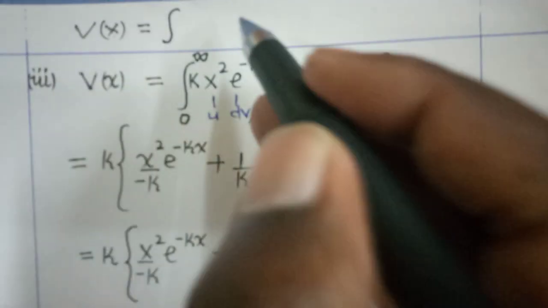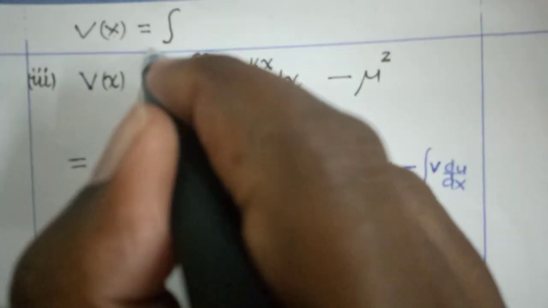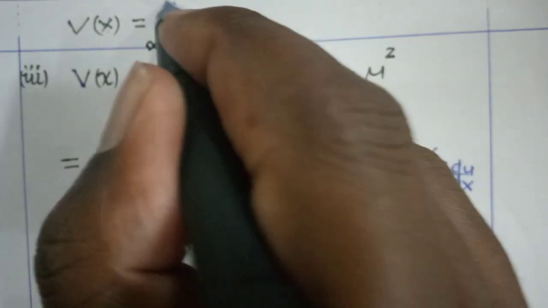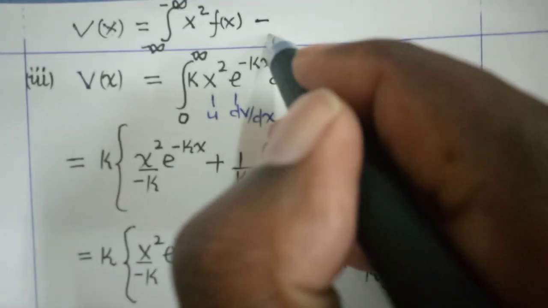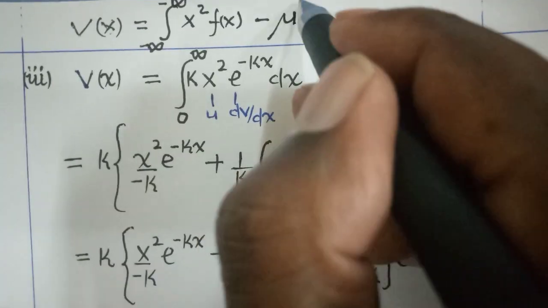This is equal to, for the general one, you have the integral from negative infinity to infinity, then you have x squared, then you have f(x). Now minus the mean squared.